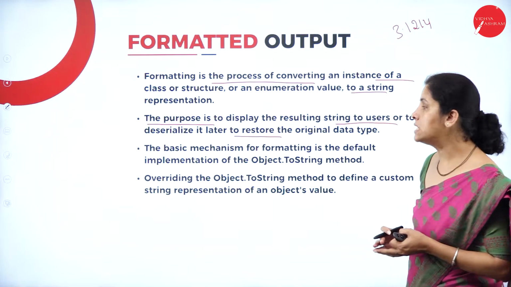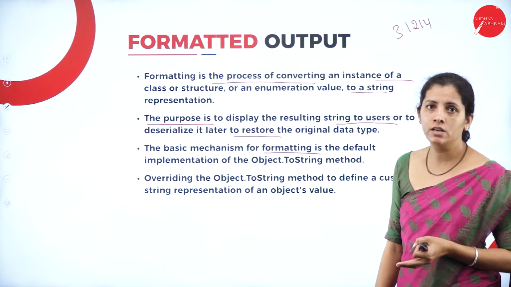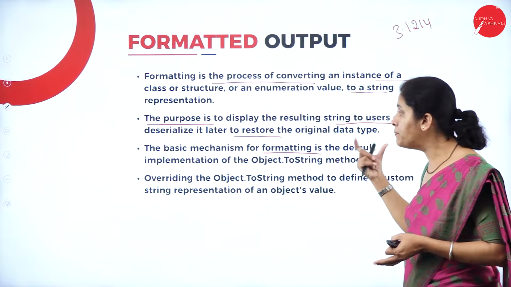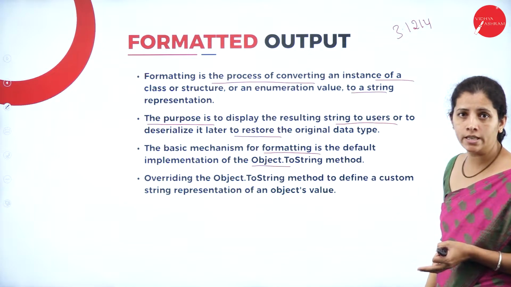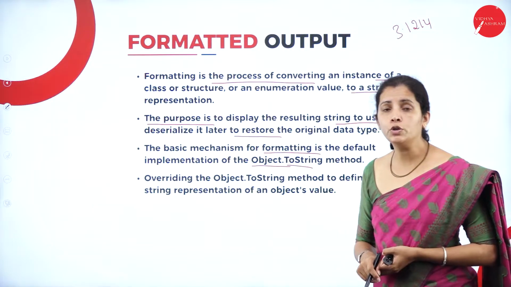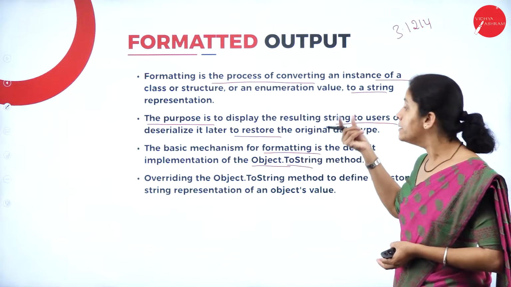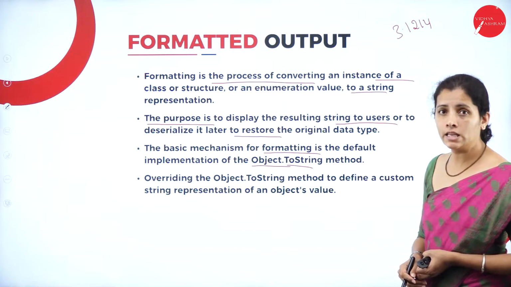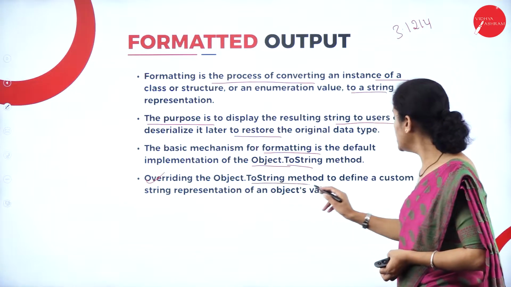The basic mechanism for formatting is the default implementation. In C# programming, it is the default implementation of object.ToString. Here I have the method ToString, and I call this ToString method with the help of an object, mainly used to format the numerical value. And at certain times I am going to override the ToString method.